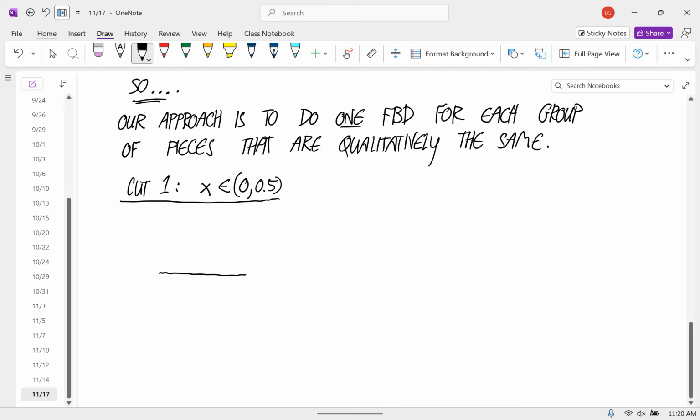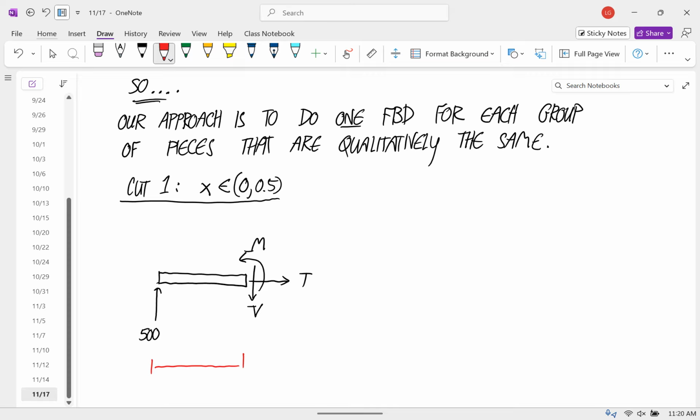And I'm just going to draw one representative cut. And we have a 500 here. We haven't gotten to the 1,000 yet. And then we have the internal loads T, V, and M. And you need 0.5 because the whole length is 1, and that's where the 1,000 happens. Yes, right, exactly.